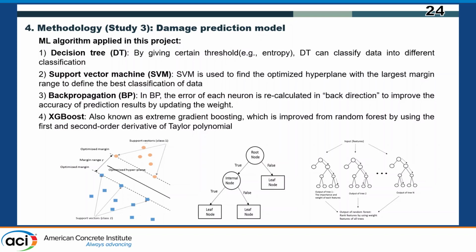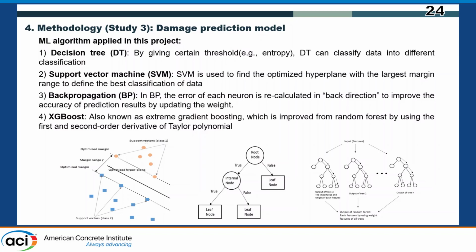In machine learning, all the data has its own weight. So machine learning is just the calculator or the system to find out which data has the highest weight related to the purpose. The purpose could be classification or prediction. In our case, it's damage level prediction.